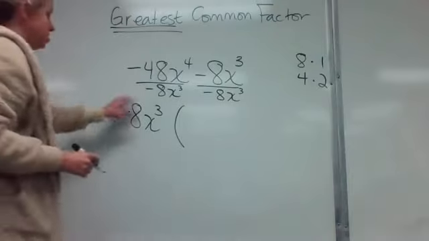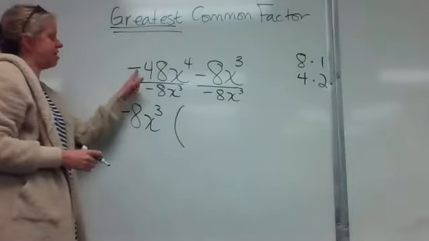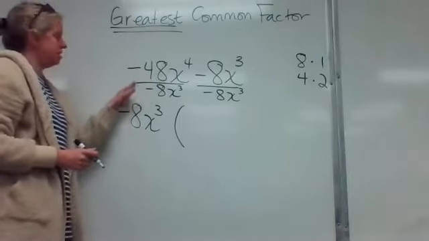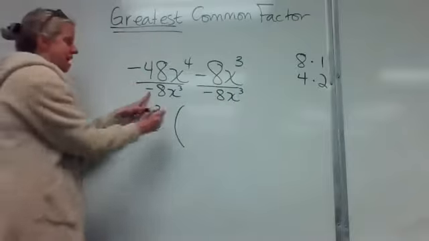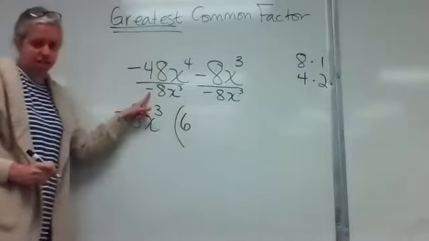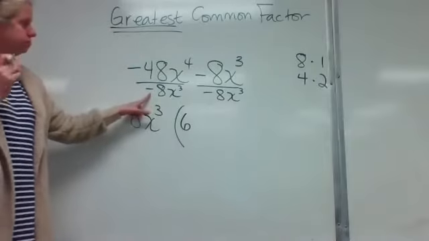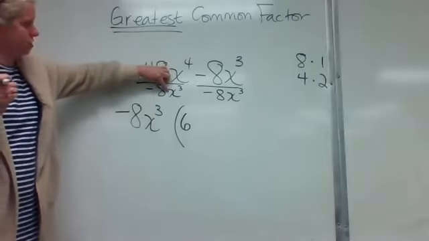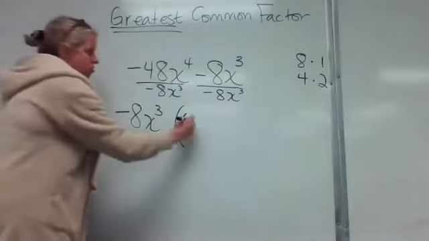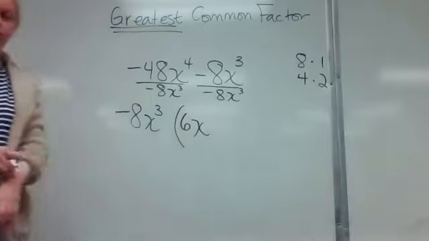Especially when you have a negative, because now I can see I have negative 48 divided by negative 8, which is positive 6. I had x to the fourth, and I pulled out x to the third, which means I still have an x.